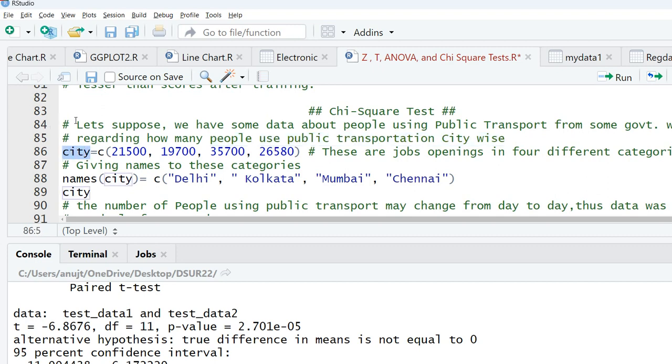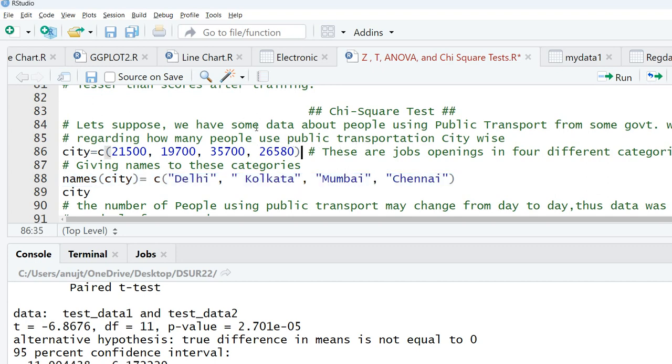Let us suppose in one city this is the count, this number of people use public transport. In another city this is the count, and so on. So now I have provided names to the cities as well, and I've taken Delhi, Kolkata, Mumbai, and Chennai.